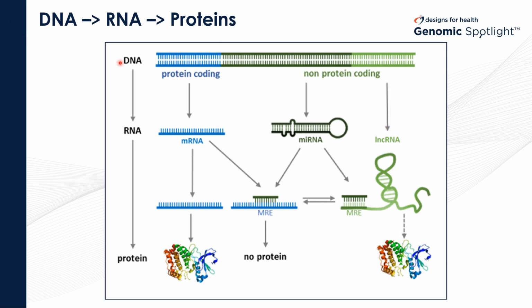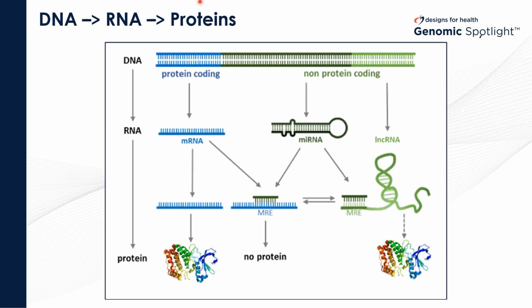Protein coding DNA refers to regions of the genome that contain genes that encode for actual proteins. These genes are transcribed into messenger RNA, which is then translated into specific amino acid sequences, and eventually proteins are produced for various cellular functions.